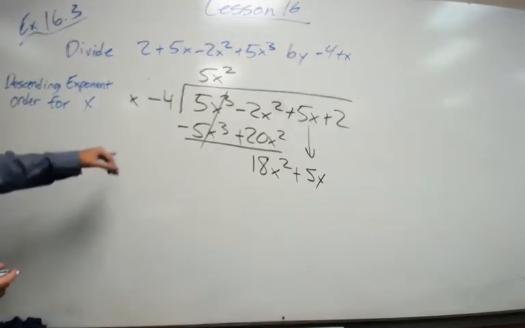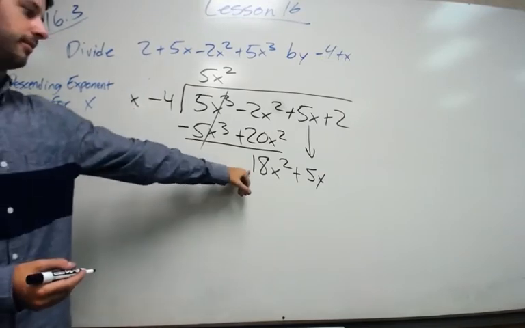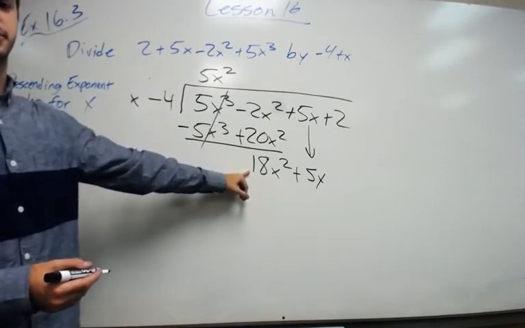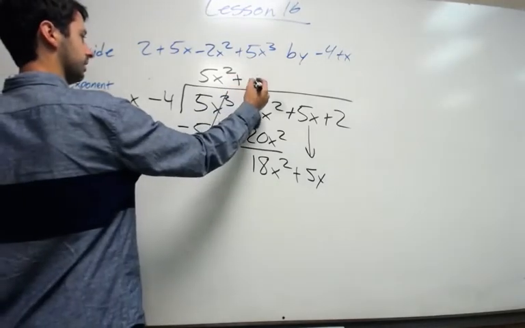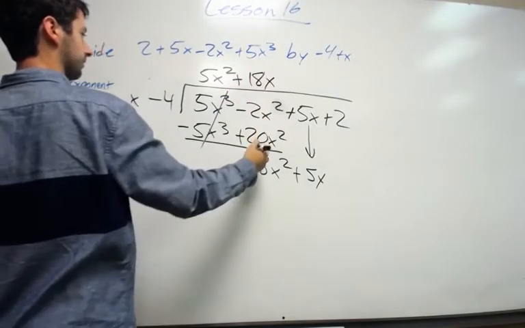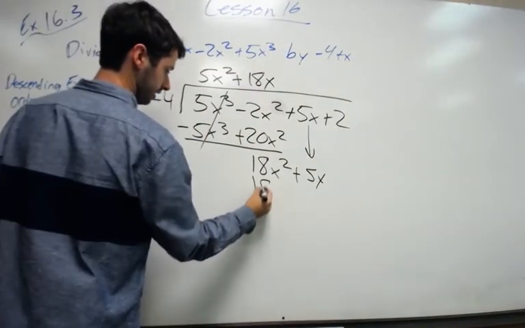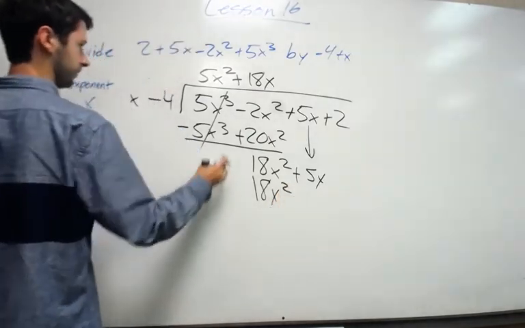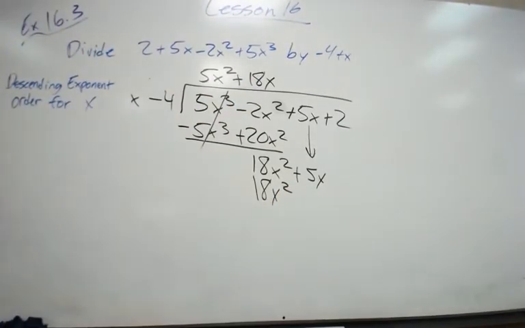Now, what do we have to multiply the x by to make it match the 18x squared? Got to multiply it by positive 18x. 18x times x, 18x squared. 18x times -4 is -72.